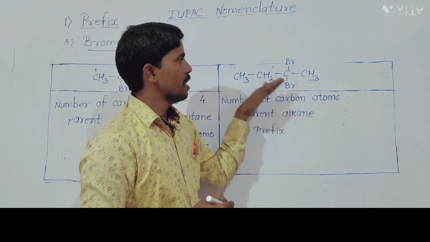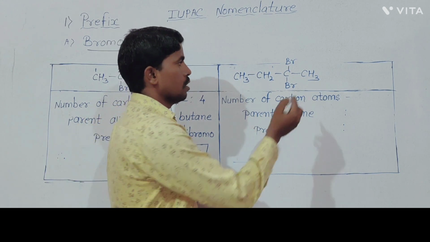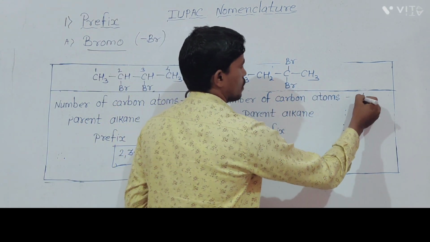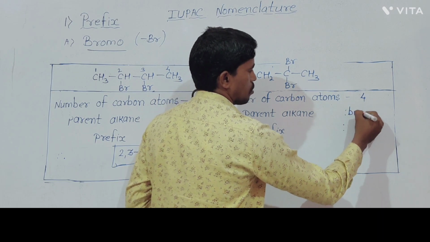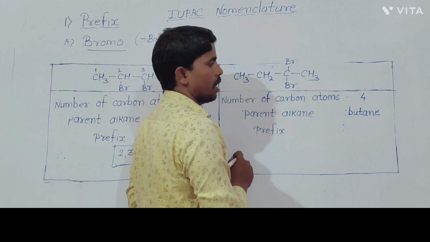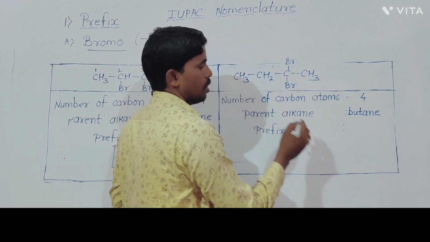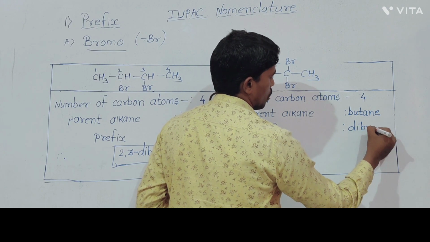The first rule is that select the longest continuous chain of carbon atoms. The number of carbon atoms is 4 and the parent alkane is butane, and two bromine atoms are attached to this carbon atom.